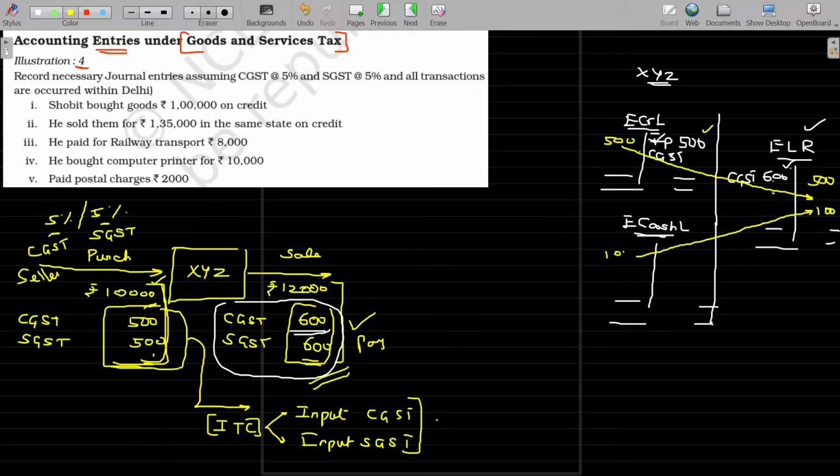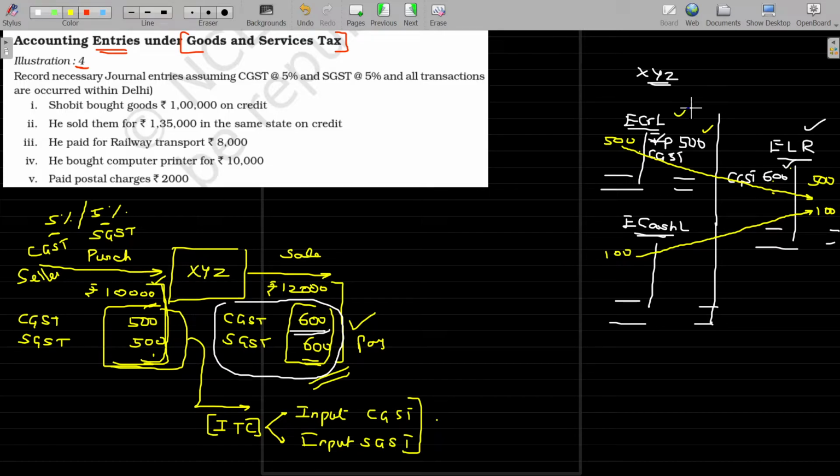Okay. See, in the electronic credit ledger, the balance comes on the credit side through all the purchases. Whatever purchases you make by paying the GST are automatically available in the credit ledger. Right, electronic credit ledger on the credit side. Whatever sales you do, automatically the tax on the sales will be debited in the electronic liability register. By the time of tax payment, that 600 is set off with that 500 rupees.